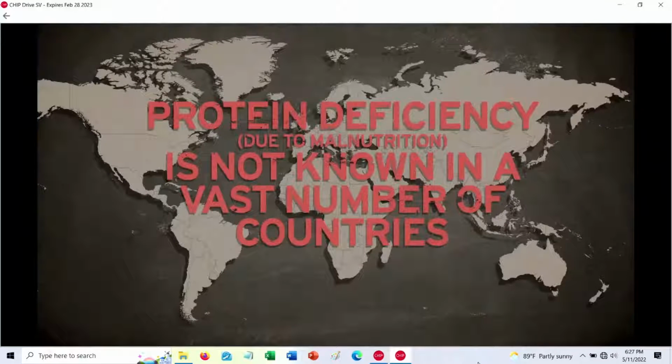The word malnutrition caused by a protein deficiency is not even known to the vast number of countries, including Australia, Canada, and the United States of America, only where there are food shortages and starvation. Plant foods contain protein in different amounts.